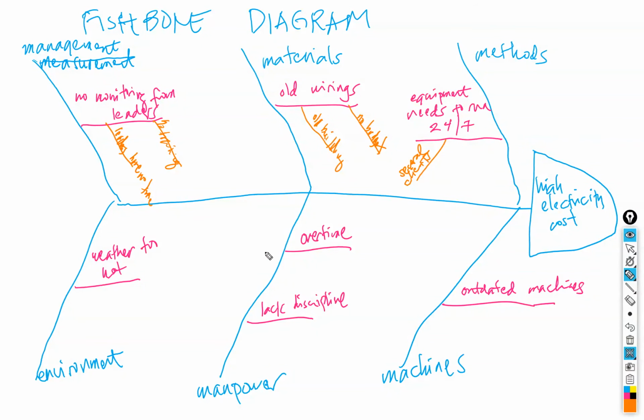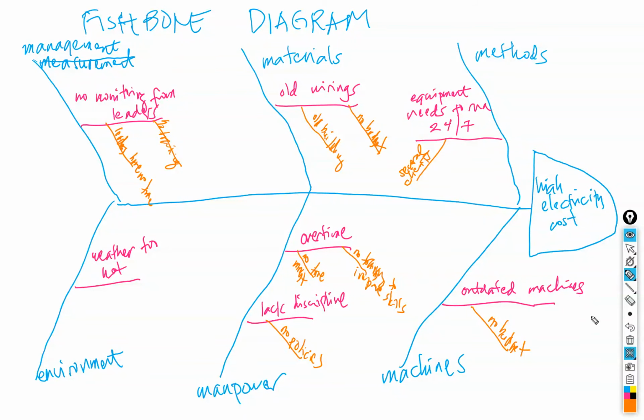So technically it ends there. For overtime, let's say people have no good time management and, let's say, no training to improve their skills. Lack of discipline, let's say no policies about this. Outdated machines, let's say no budget to replace them.